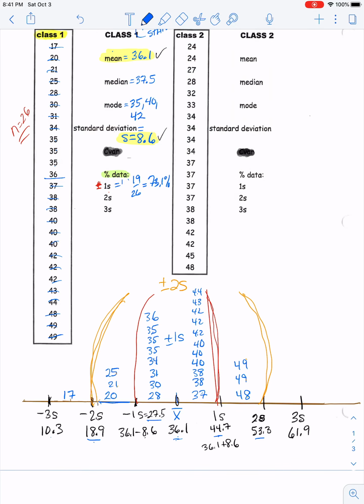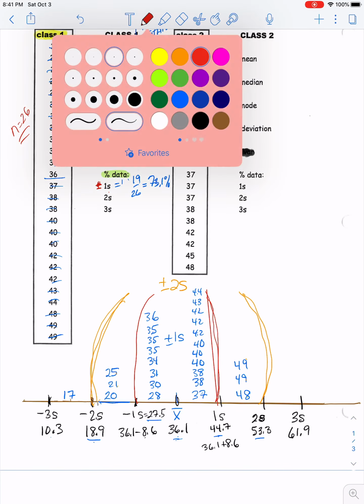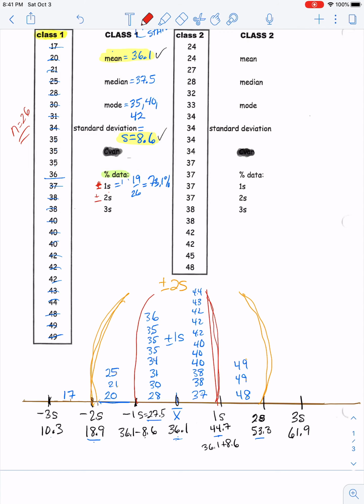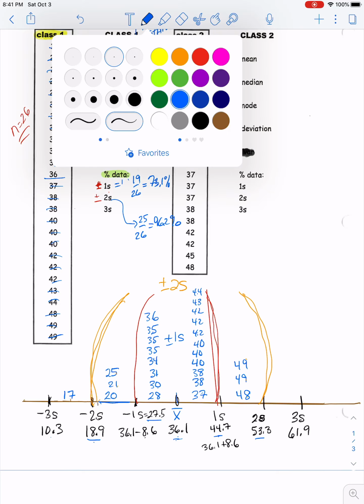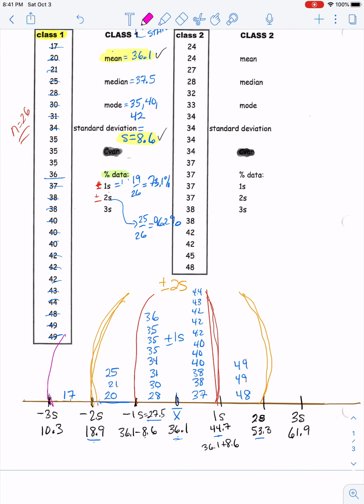So within plus or minus 2 deviations of the mean, we have 25 out of 26 data points, which is 96.2% of the data.